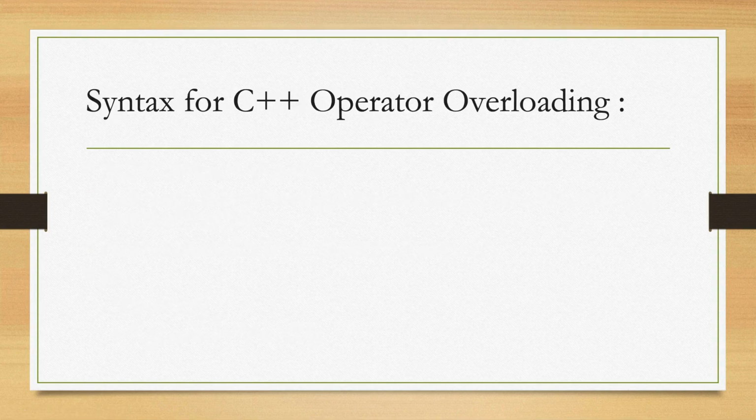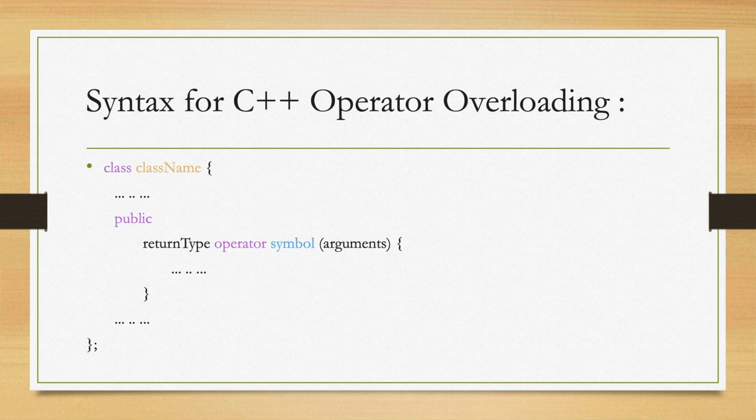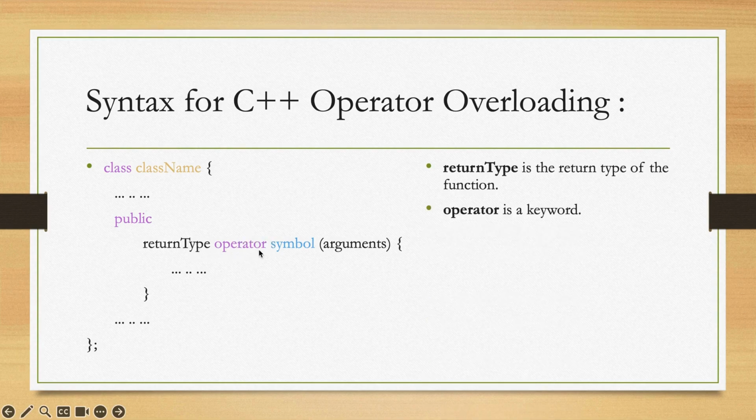Now let's take a look at the syntax of operator overloading. This is how the syntax of operator overloading functions looks. We have the return type of the function. Then we provide the operator keyword to overload the operator. Now we provide the symbol. This symbol is the actual operator that we want to overload. If you want to overload the plus sign, then the symbol will be plus.